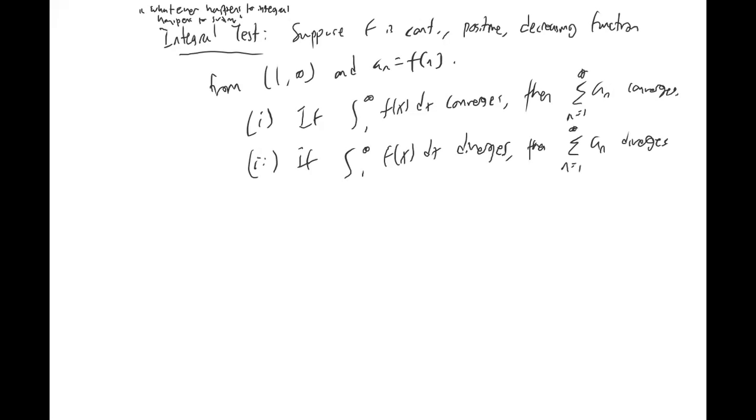Okay, let me ask a question. If we assume we are positive, why is decreasing not that big of a deal, I guess? So if you are positive and let's say you're not decreasing, chances are you're not going to zero.